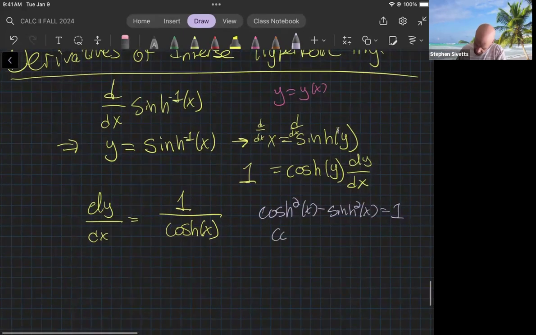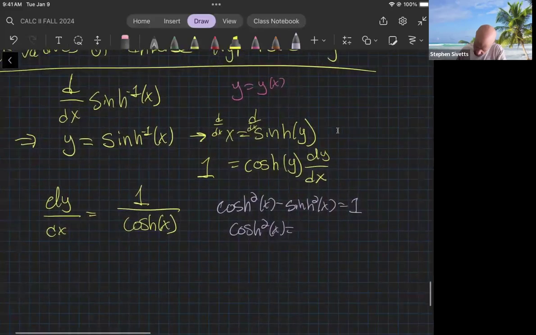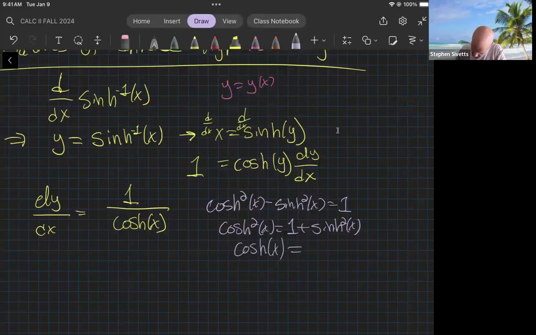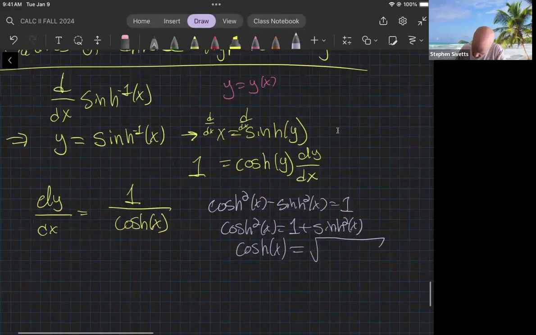So hyperbolic cosine squared of x is equal to 1 plus hyperbolic sine squared of x. Hyperbolic cosine of x is equal to plus or minus the square root of 1 plus hyperbolic sine squared of x.